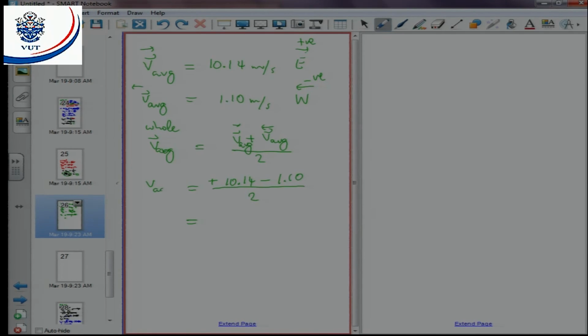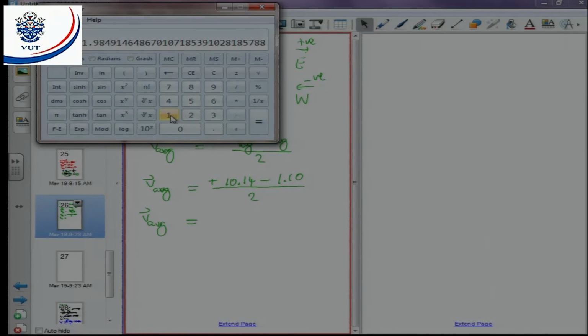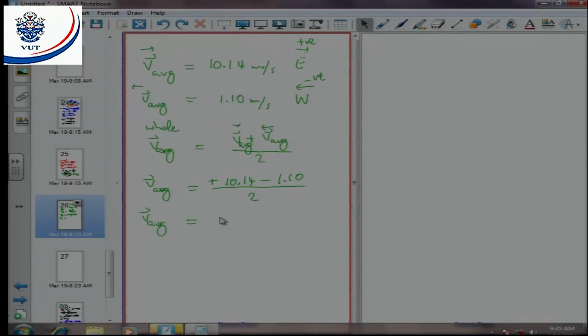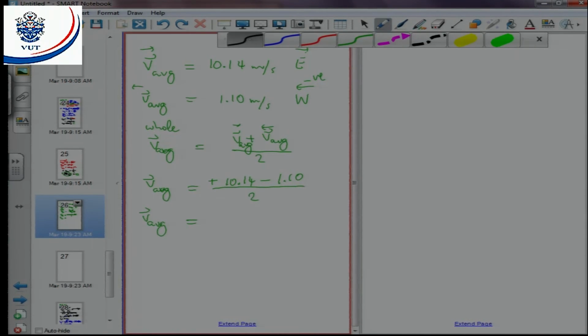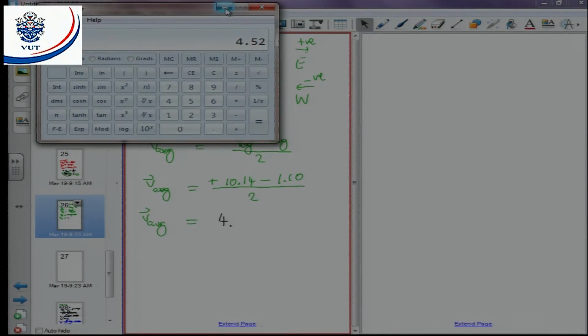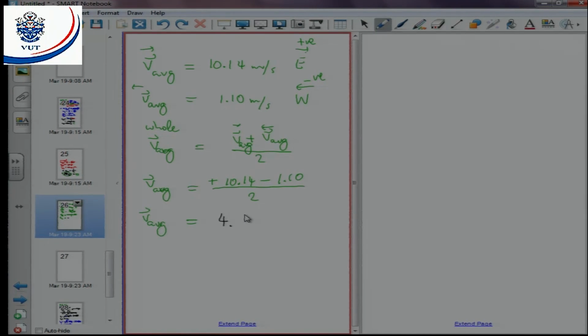So if I add those two in that fashion, what I find is my average velocity for the whole trip is 10.14 minus 1.10, which is 9.04, and divided by 2, we have, let's just double check, 4.52.